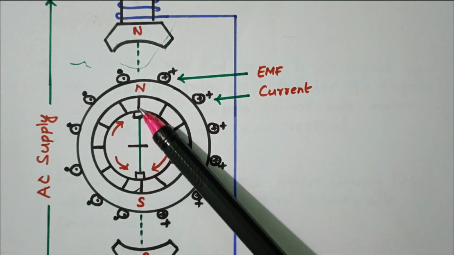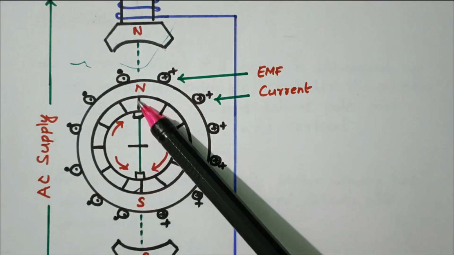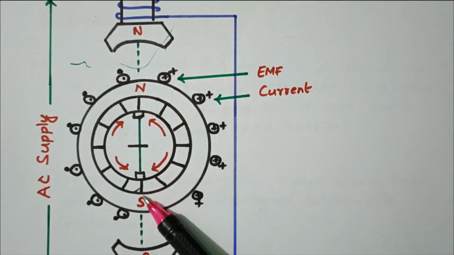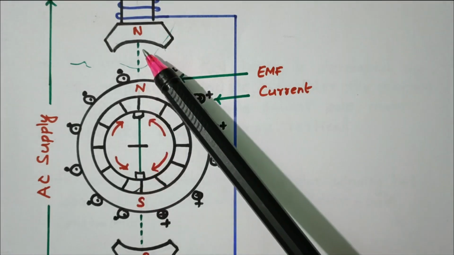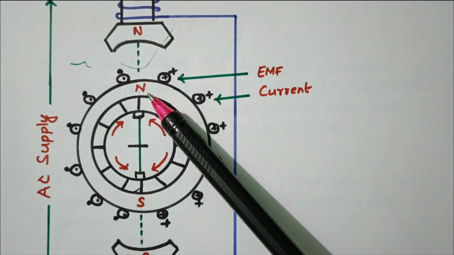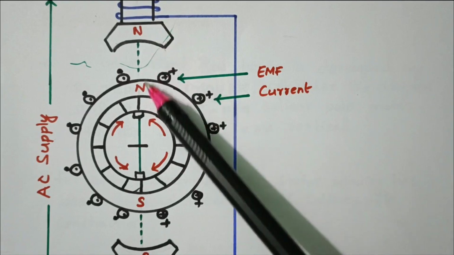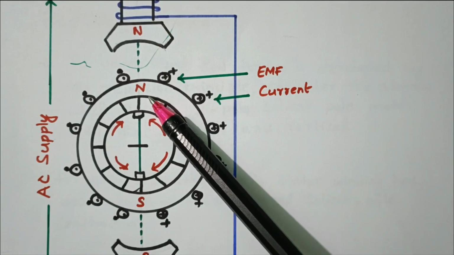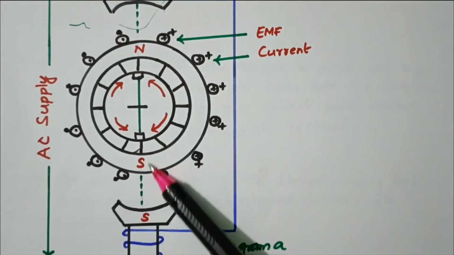This brush holder and brush are aligned vertically with the magnetic axis. This is the stator pole, N pole, and this is the rotor N pole. Both the stator main pole and the rotor pole have N at the top, and similarly S at the bottom.